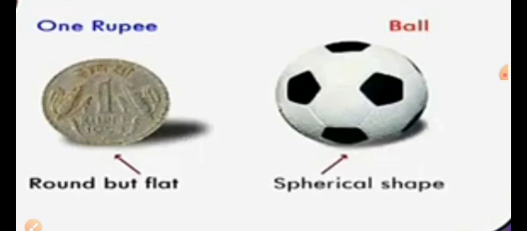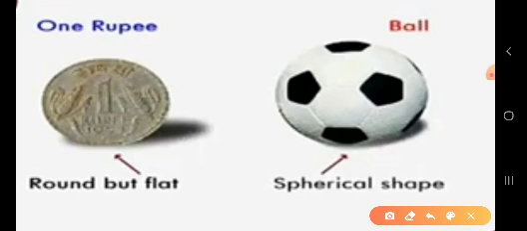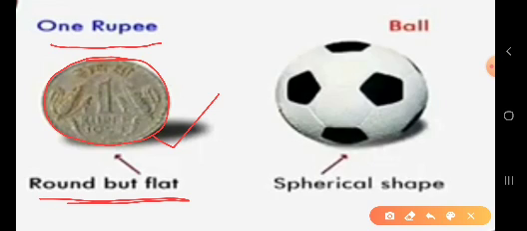Here we have two things. First one is a 1 rupee coin. This 1 rupee coin is round in shape, but children, it is flat. It is round as well as flat.